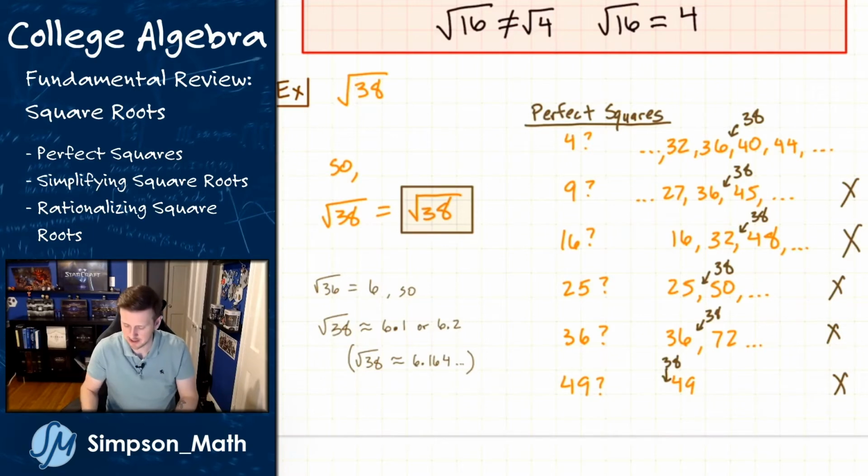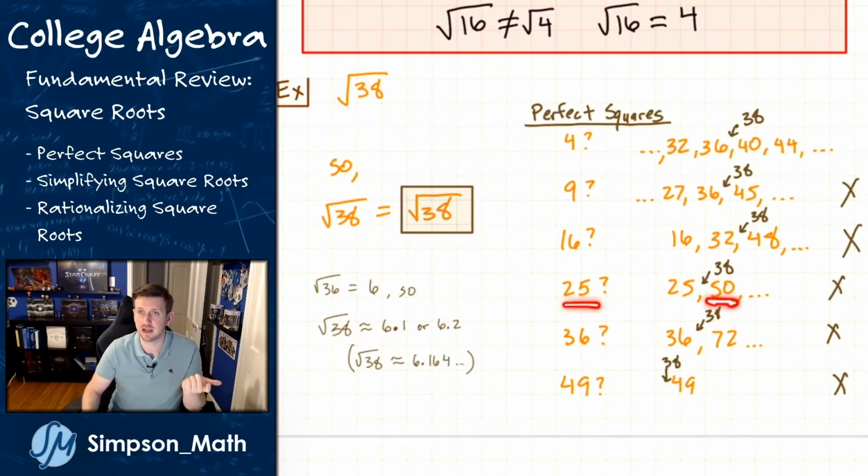Here's why. The next perfect square is 25. The smallest multiplier that I could do here for typical finding square roots would be to multiply by 2. 25 times 2 is 50, bigger than 38.